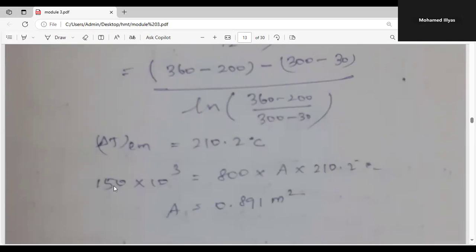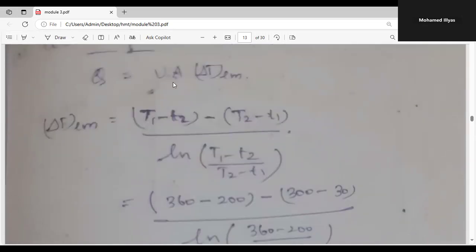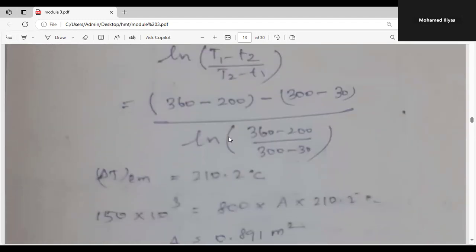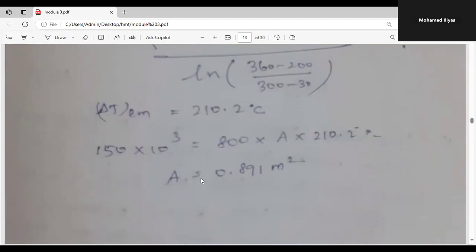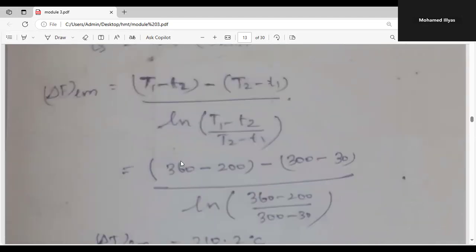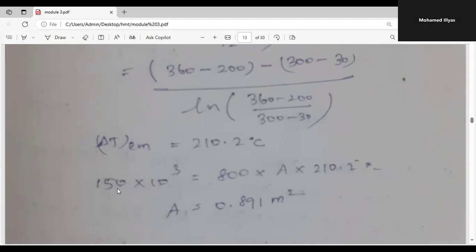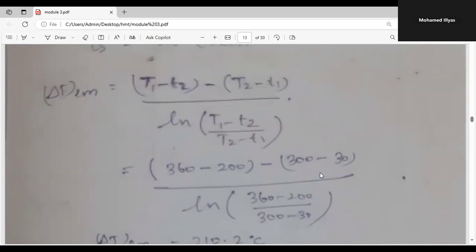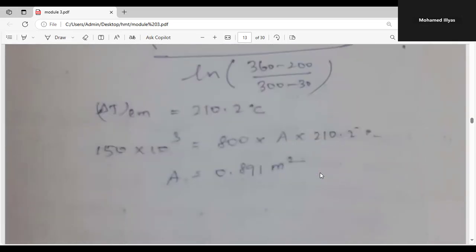So from our energy balance equation we have calculated Q, and writing the expression Q equal to UA delta TLM, we can substitute the values here. The Q is 150 into 10 power 3, the overall heat transfer coefficient has been given as 800, the area is to be calculated, and the logarithmic mean temperature difference we calculated as 210.2.